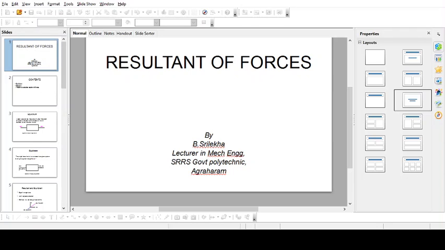Next, 60 newtons, acting at 60 degrees in the region east of south. Next, 40 newtons, acting at 30 degrees from east to south. So there are four forces acting.